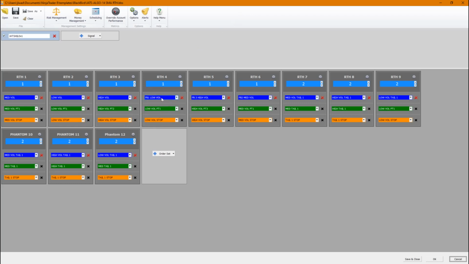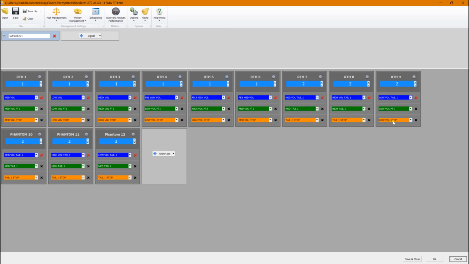So I can pick up at these statistical levels going into the pullbacks and then add that second order on if the first profit targets got hit, again keeping the volatility within my threshold, low, medium, or high, so that I know dynamically whether to go to 1, 2, or 3. All these are phantom orders canceling these order sets.